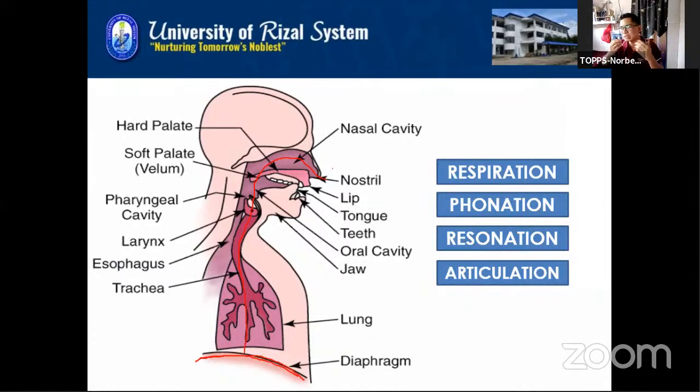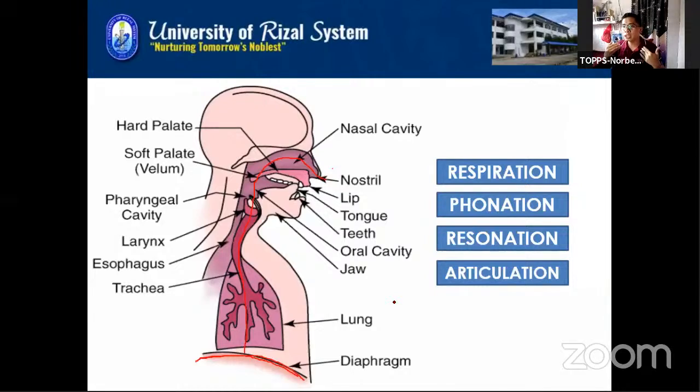We are not actually aware of that because speech production really happens in a split second. The moment that we utter a certain sound, let's say P, the speech production process happens right away. So again, these are the four important processes that involve speech production.